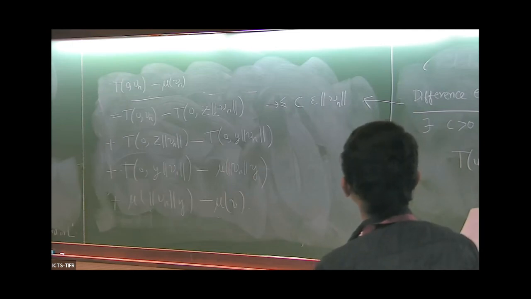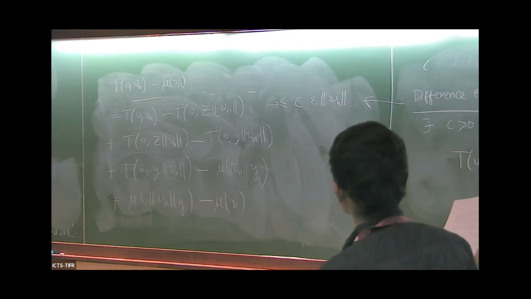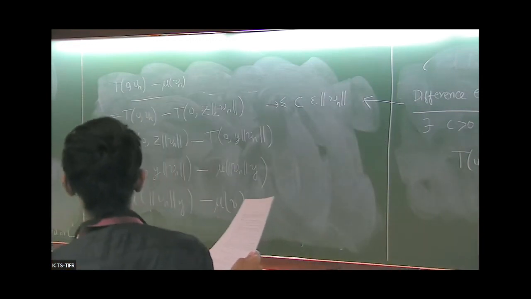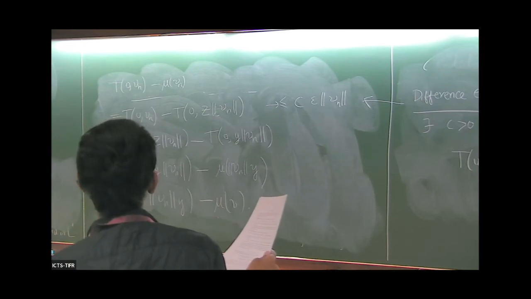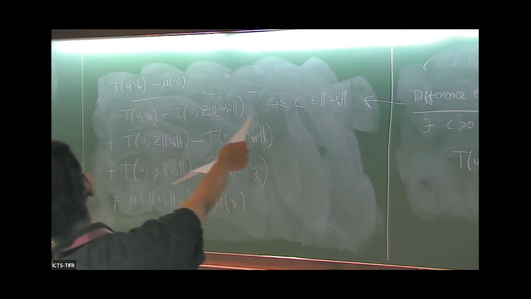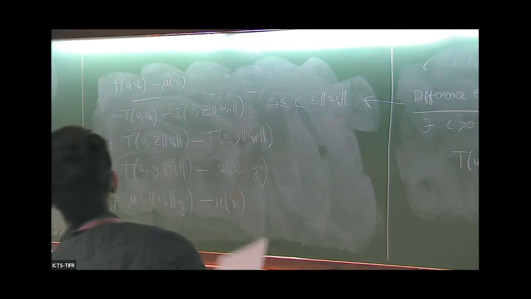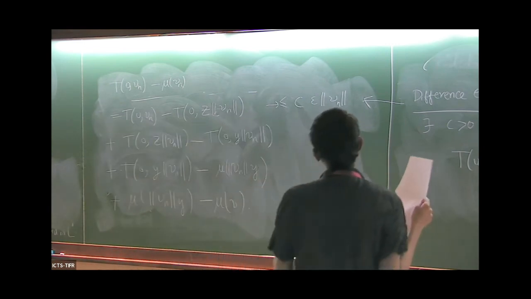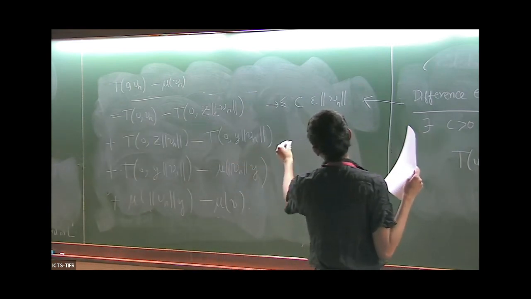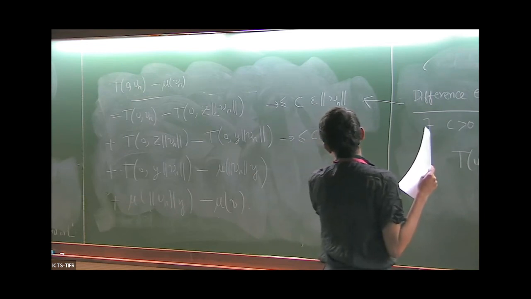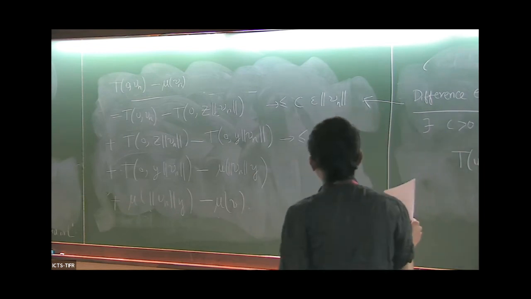So this is upper bounded by triangle inequality by the passage time between Vn and Z times norm of Vn, right? By the difference estimate, this is of the order of epsilon times norm of Vn. Similarly, because I have chosen Z minus Y to be sufficiently small, the difference estimate also tells me that this is less than epsilon times norm of Vn.